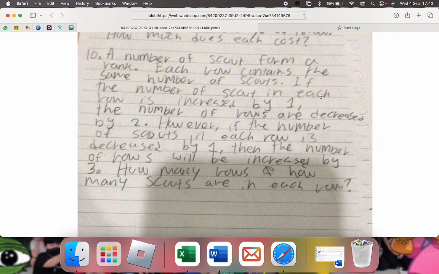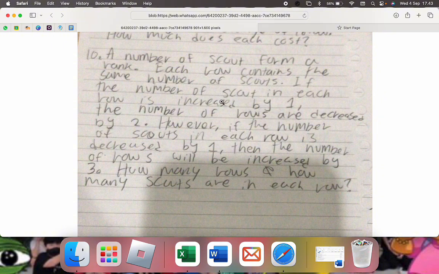I hope you understand what I'm trying to say here, because obviously when you form an assembly line and you increase the amount of people in each row, then the very last row is either going to have less people or completely vanish.